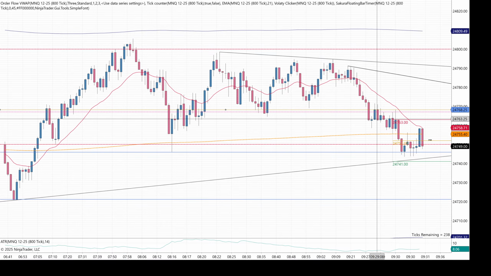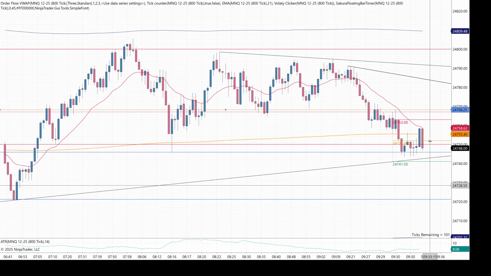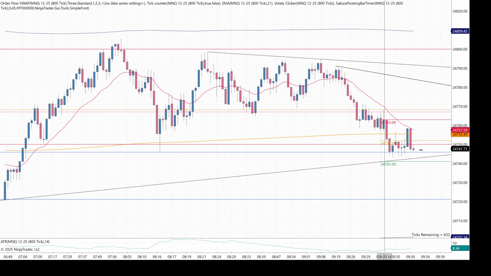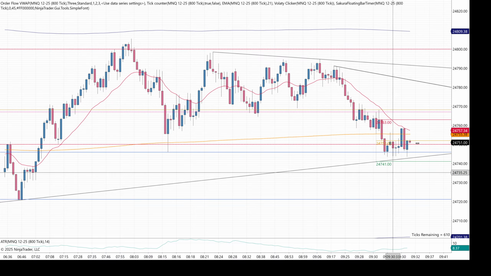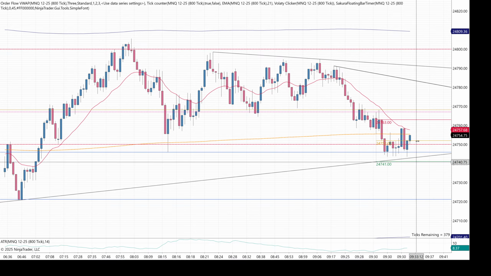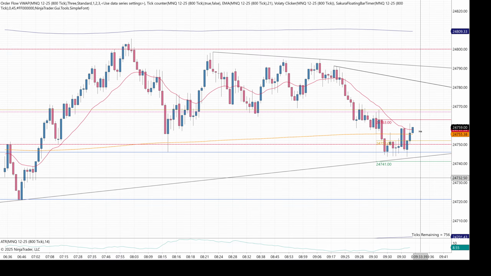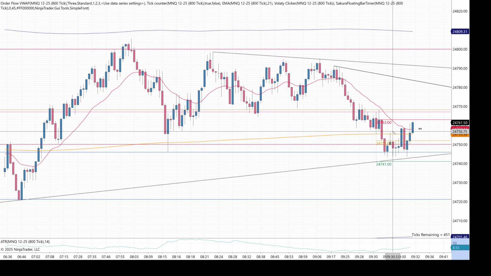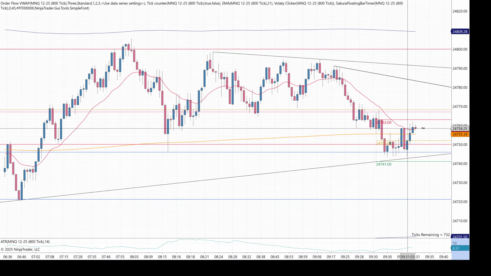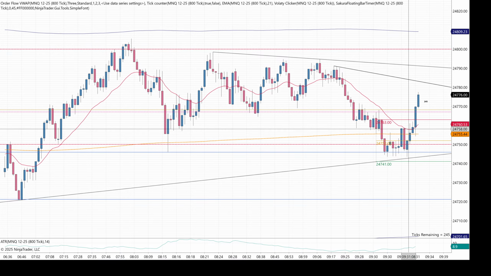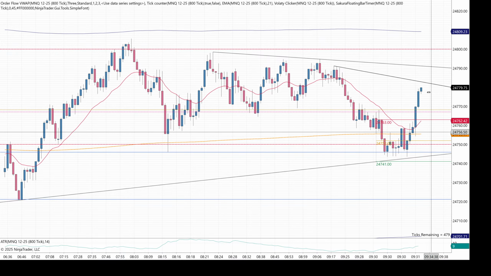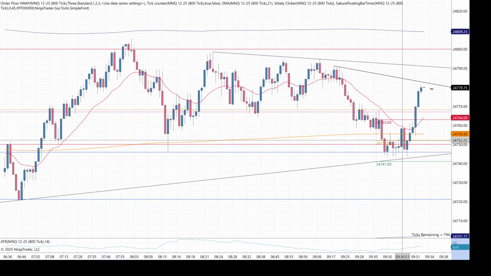The question is, has it moved down? Yep, right there. Okay. A lot of indecision right now. The move higher actually happened all the way down here.